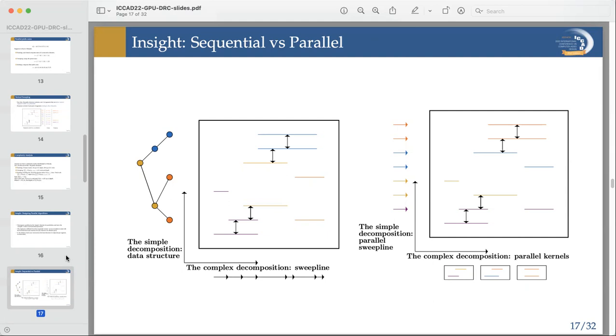However, the right-hand side is the parallel version. We are going to decompose the problem from the simple direction for possible parallelism, and we are going to parallelize all the prefix structure construction. And the complex decomposition is left for each kernel. So these are also done in parallel within the kernels.